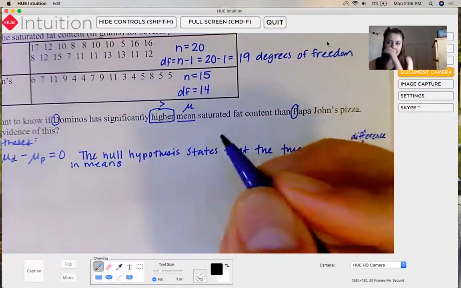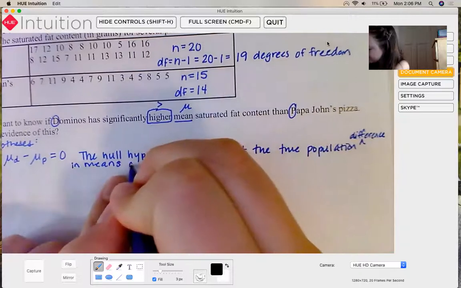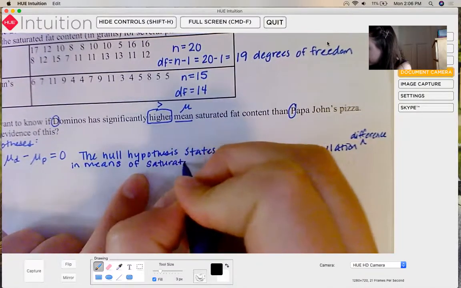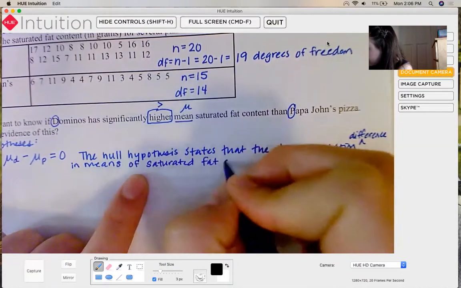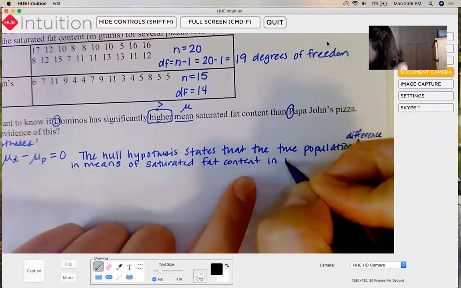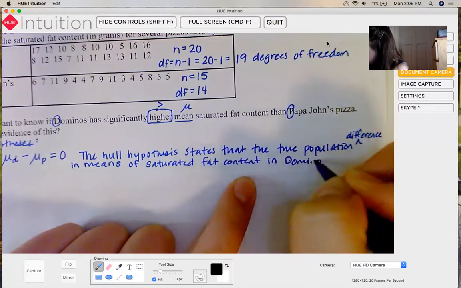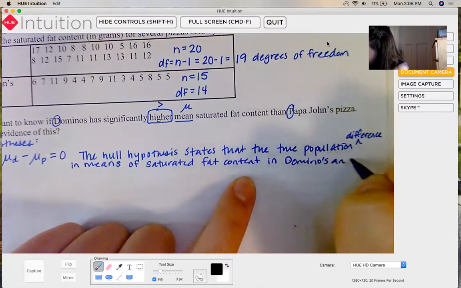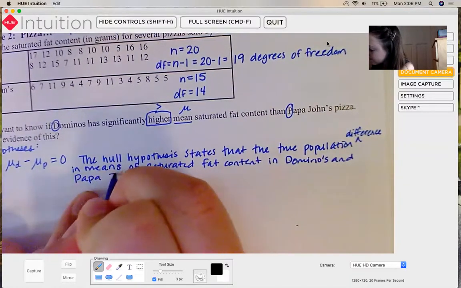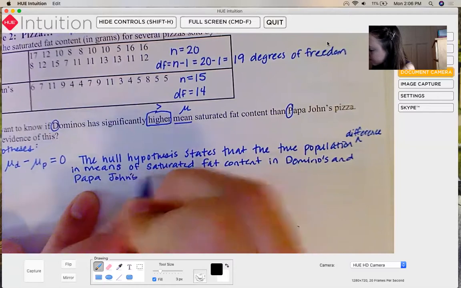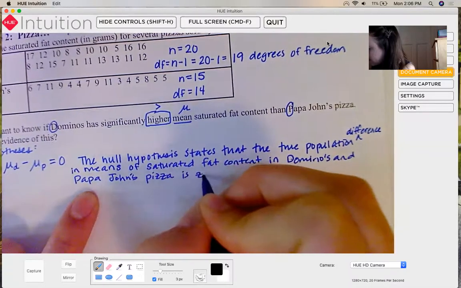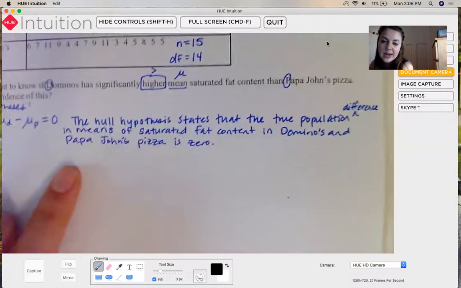Of saturated fat content and Domino's and Papa John's pizzas is 0. Now, what's another way I could say this?